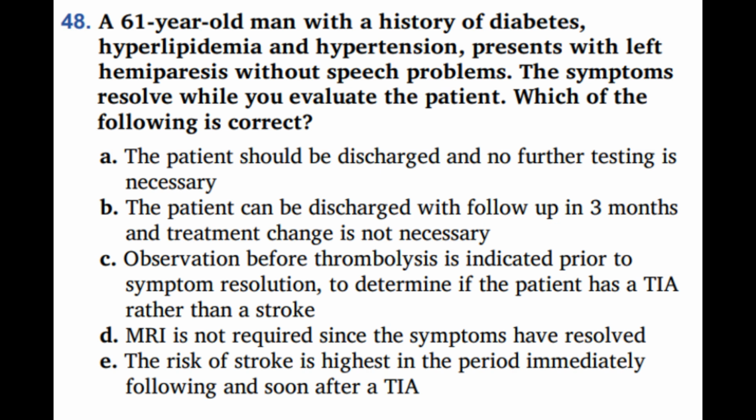C. Observation before thrombolysis is indicated prior to symptom resolution to determine if the patient has a TIA rather than a stroke. D. MRI is not required since the symptoms have resolved. And E. The risk of stroke is highest in the period immediately following and soon after a TIA. What do we think?